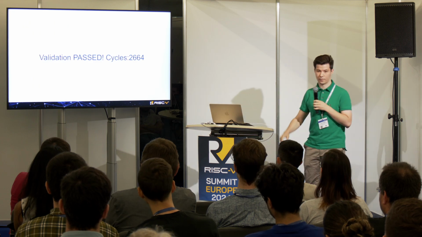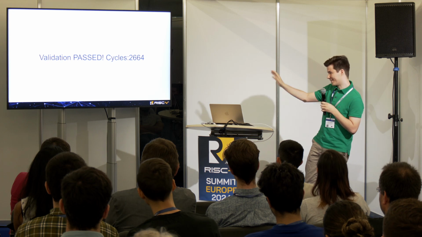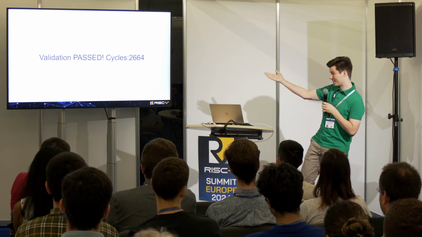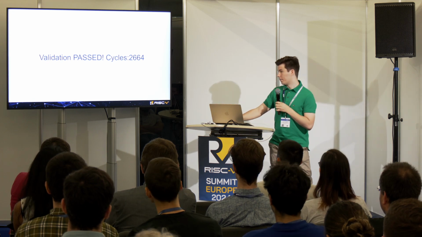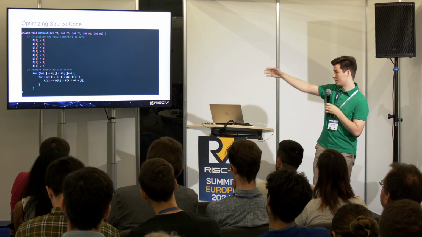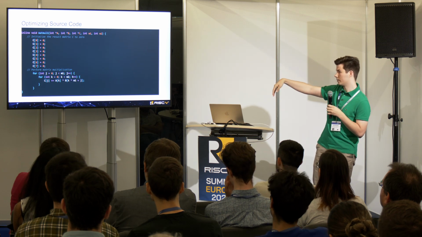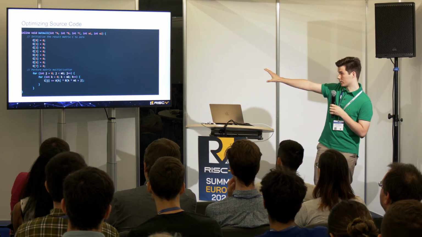In total, if I combine all the new instructions, I get a very familiar number. I think most of you who didn't do much code optimization got a very similar number here. I also tried a bit of optimizing the source code. For example, because I already know all the parameters, I can drastically reduce the source code.